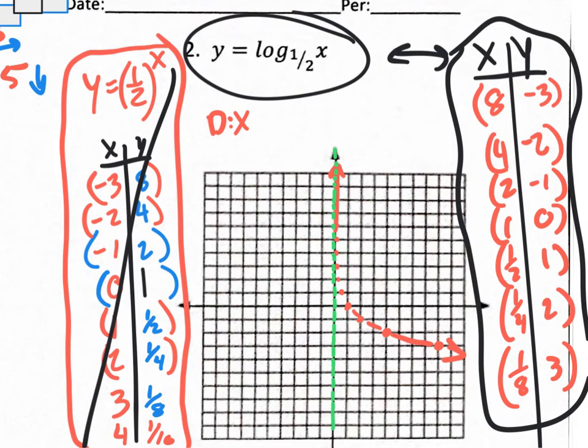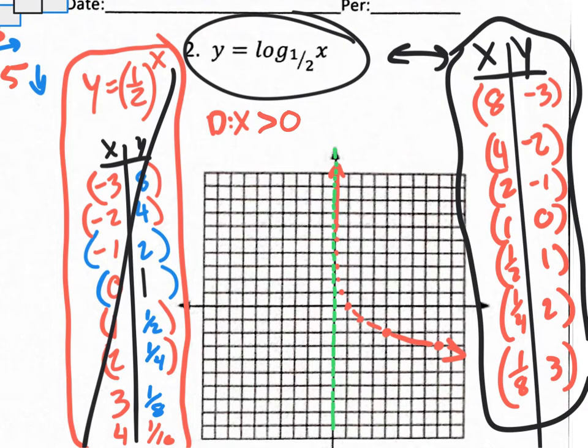The y-axis, which is x equals 0. So what do we say? Where's this red graph at? Is it less than x equals 0, or is it greater than the x equals 0 line? Less than's to the left, greater's to the right. So this whole thing is greater than that x value of 0. So the domain is x is greater than 0. Does that make sense? Yes.